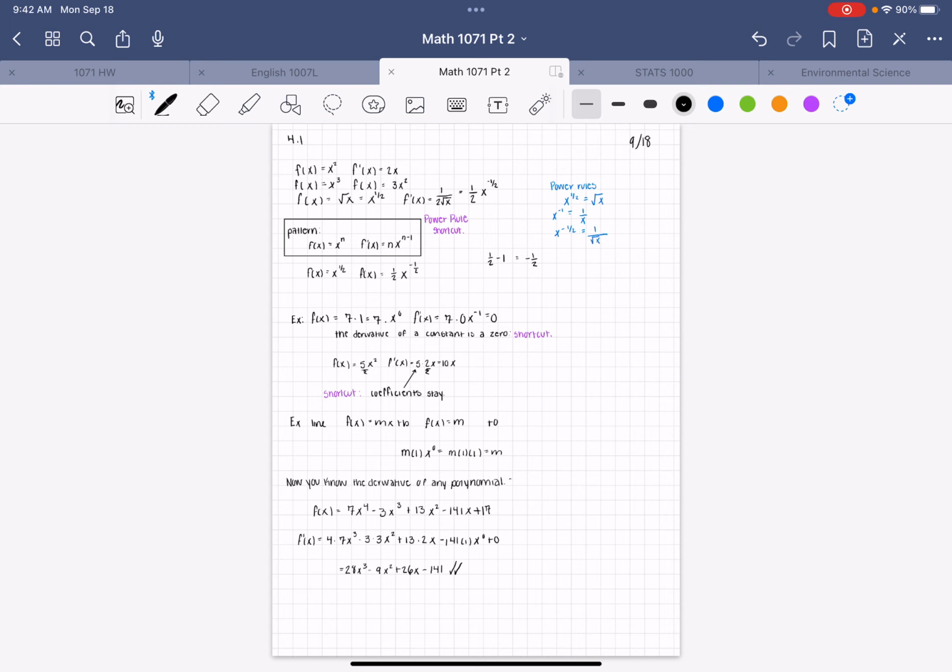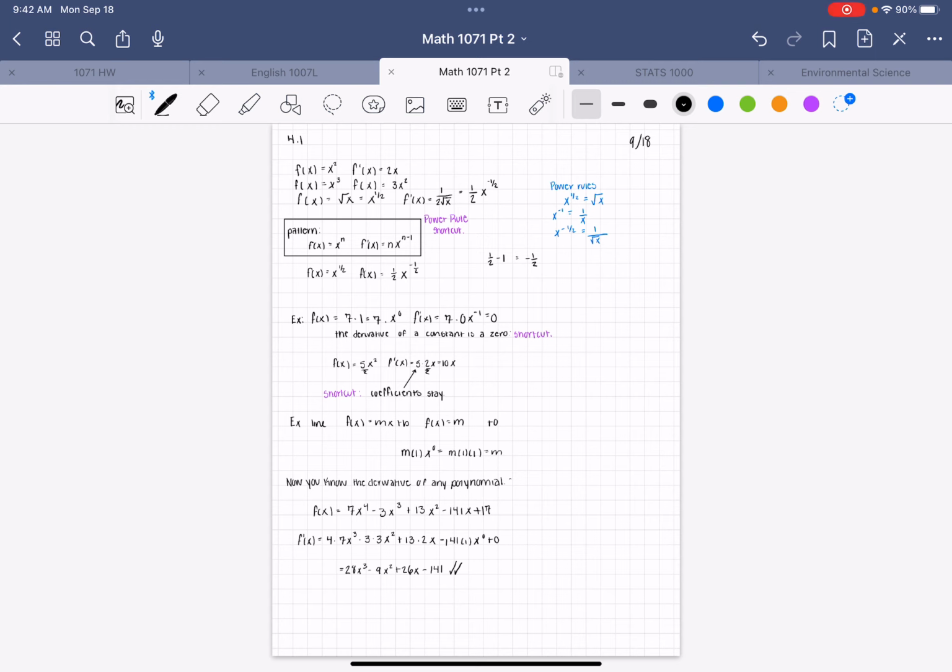There are two other shortcut rules. And here in 4.1, did they just give them to you, or did they make the pretense of proving it? Right.